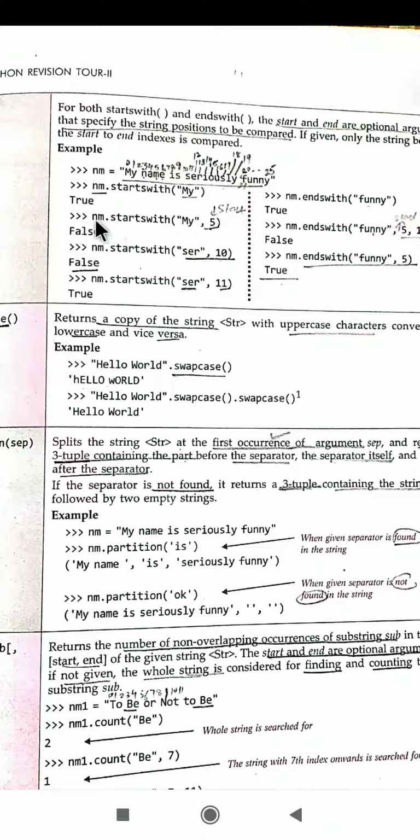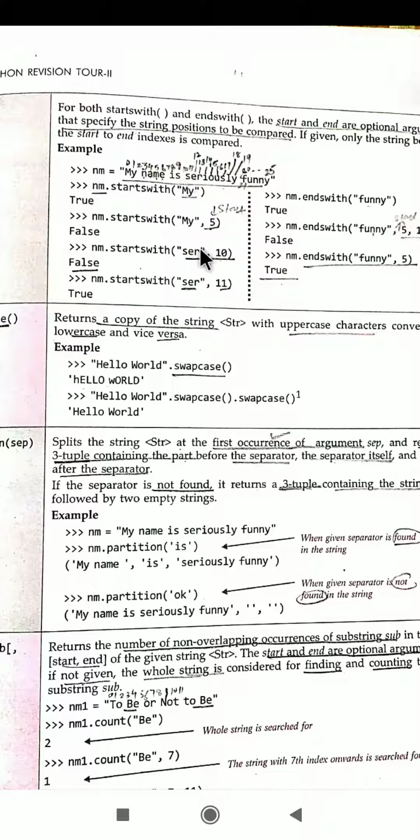Then it is saying check whether it starts with my from the fifth index. The fifth index is m, so it is not my, it is me, so it will return false. Startswith ser from the 10th subscript. The 10th subscript is this blank space, right?